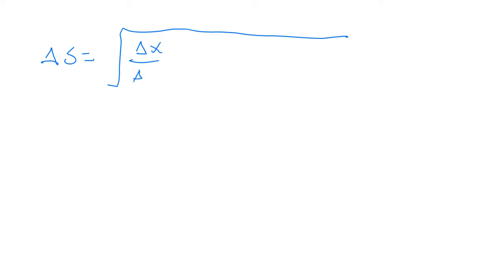Let me go to the whiteboard. So recall that we showed that delta s was equal to the square root of (delta x over delta t) squared plus (delta y over delta t) squared, times our delta t.